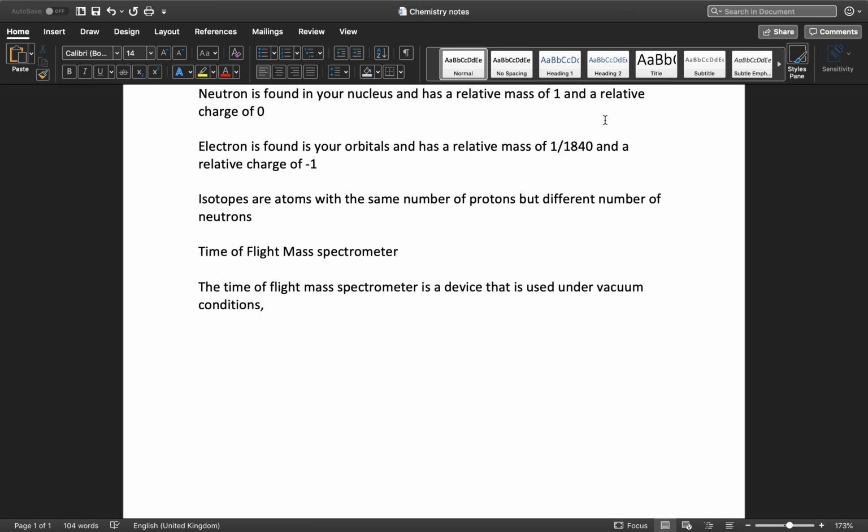So the time of flight mass spectrometer is a device that is used under vacuum conditions in order to determine, or you can say identify, the isotopes found in elements.